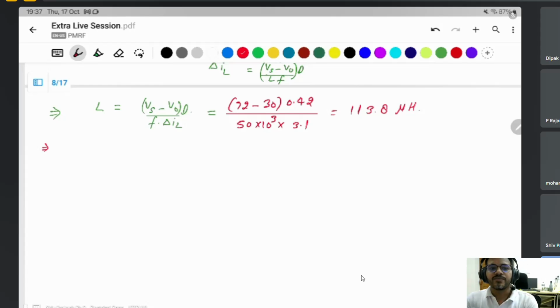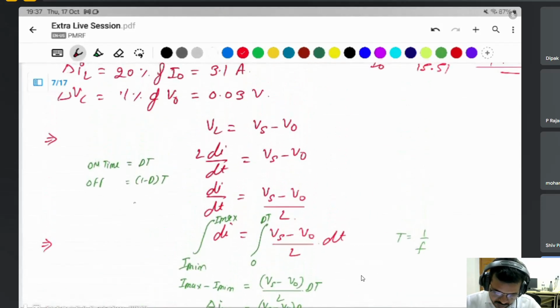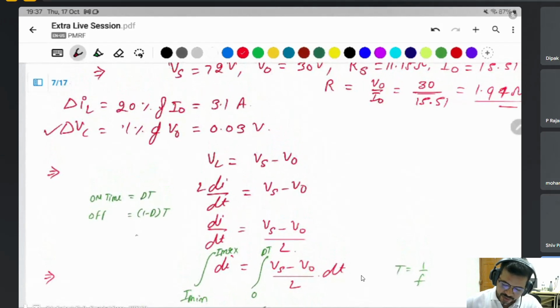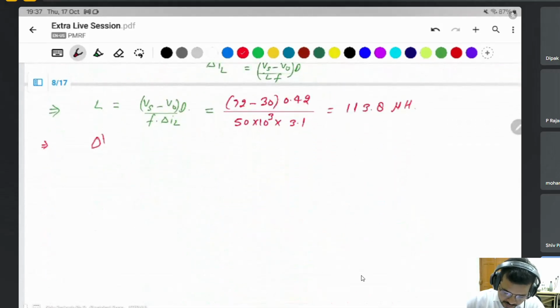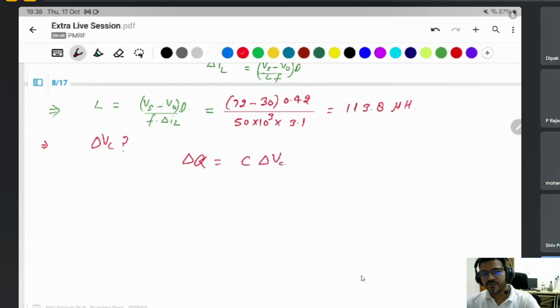Then next is the capacitor. How do you decide the capacitor value? By using delta Vc. In the capacitor, you know Q is equal to C into V. Any change in charge gives delta V, so you have to calculate delta Vc for the capacitor voltage.